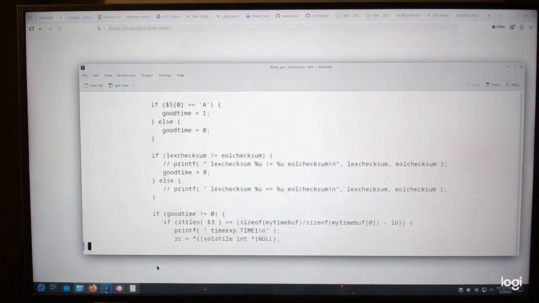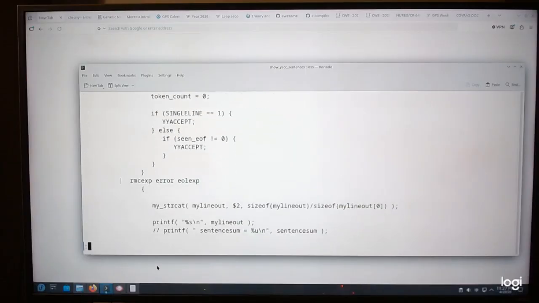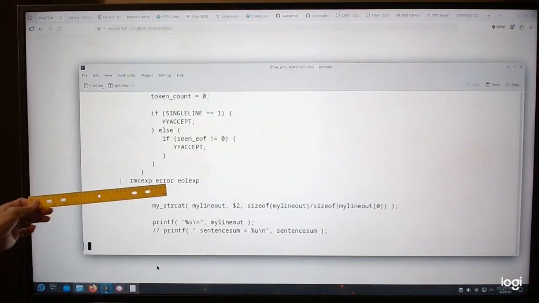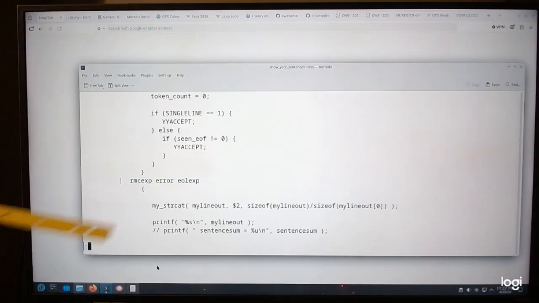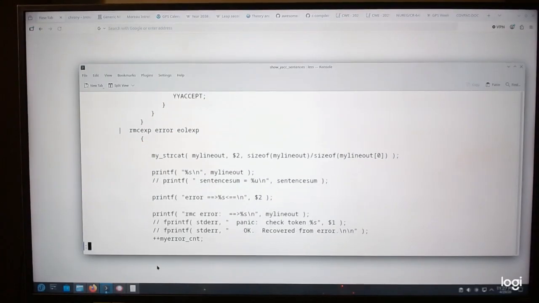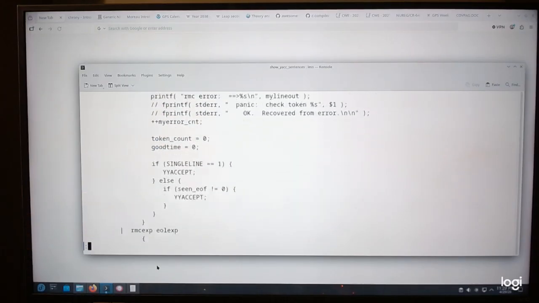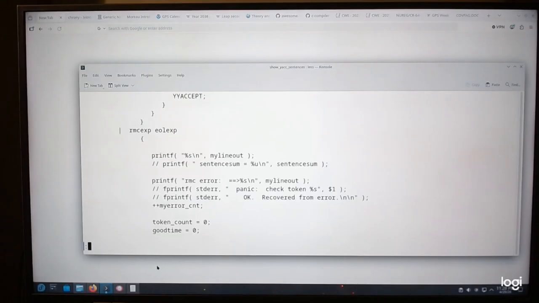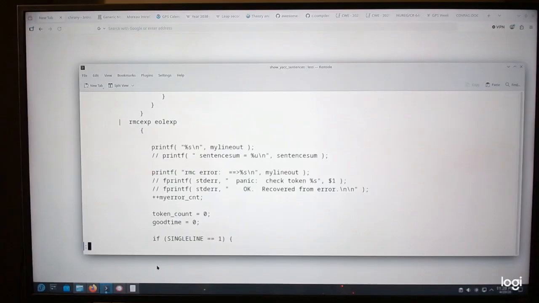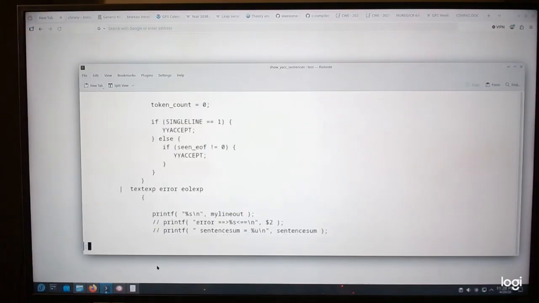And if it does not recognize that sentence, well, it panics, and we can say there's an error in that sentence. It prints an error. You can print out whatever error messages you want, and you can get as detailed as you want to. Now let me just show you one more thing right here.